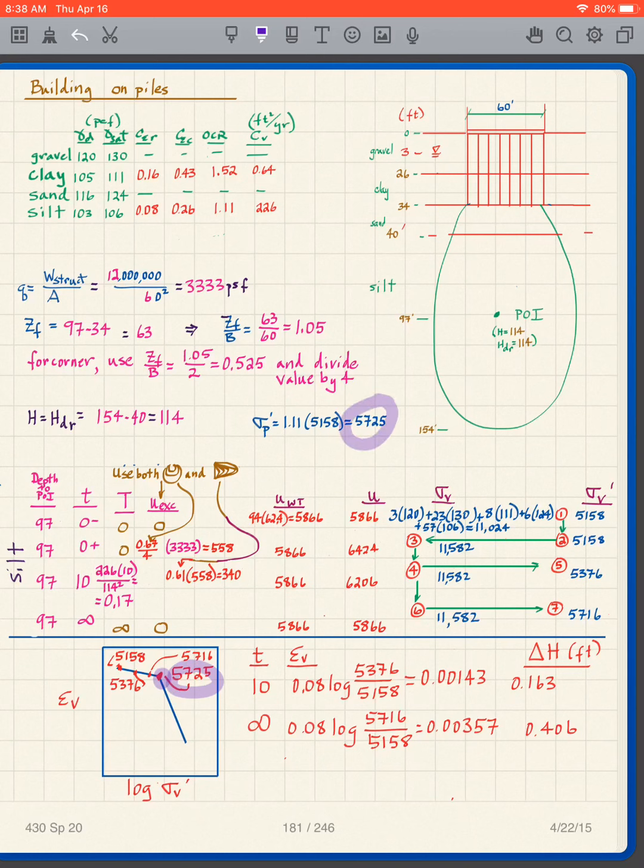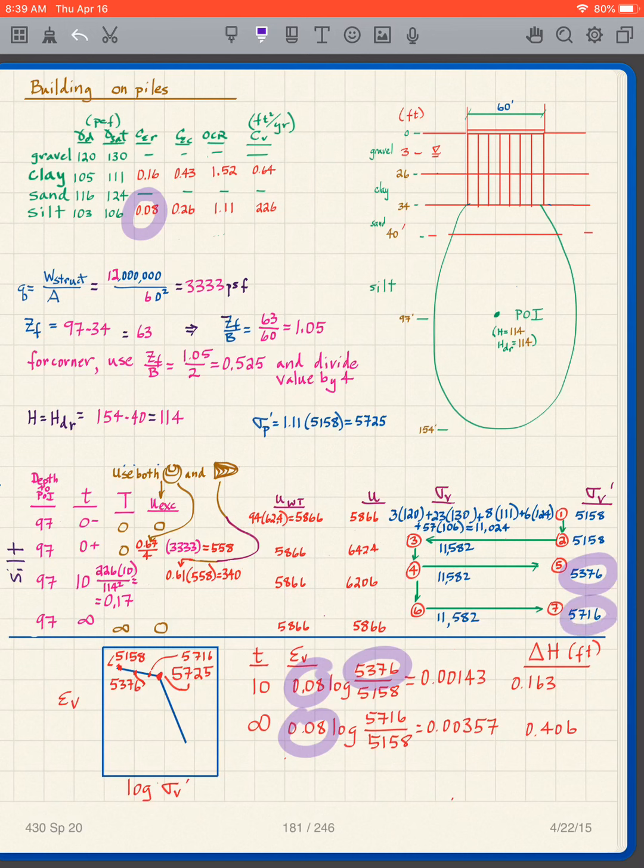And we're going from 5158 to 5716, so I never make it to the sigma prime P. That means that we're only in this region for our epsilon V, so we use the C epsilon r in the silt, 0.08, and then at 10 years, we use the 5376.